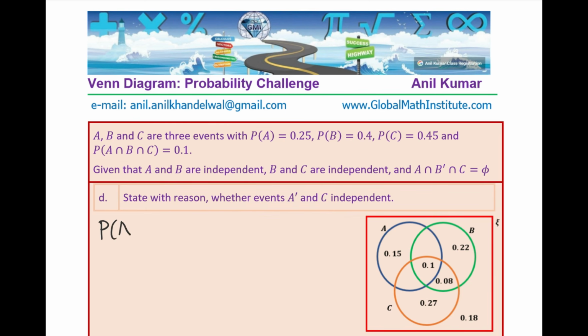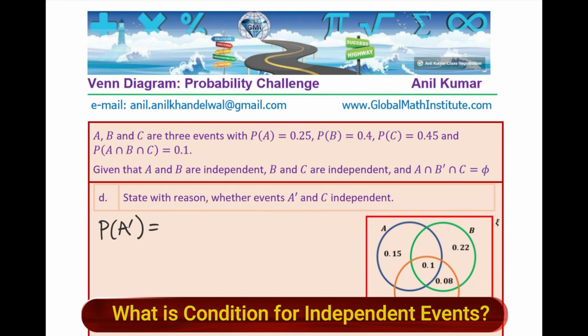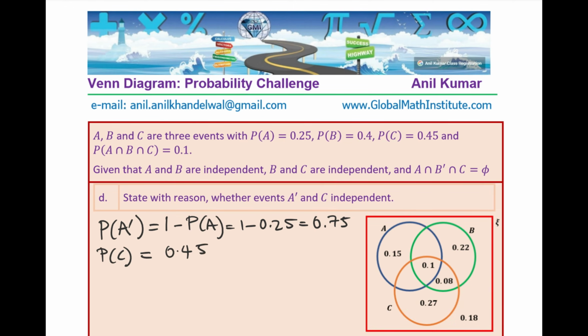The probability of not A. Probability of not A is 1 minus probability of A, which is 1 minus 0.25, or you can say 0.75. And probability of C is already given to us, right? So we know probability of C is 0.45. Now from here, what is the probability of not A intersection C? This is what we need to figure out.